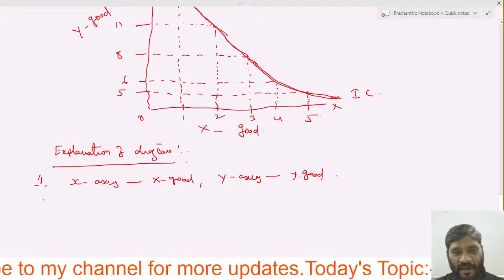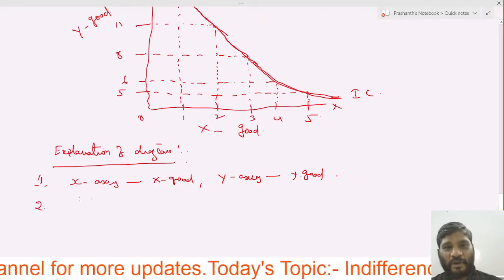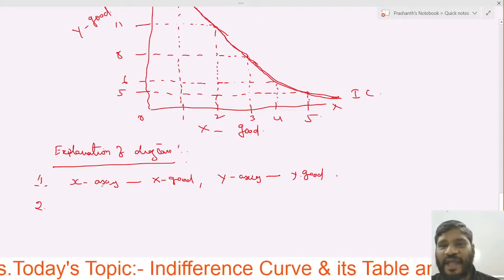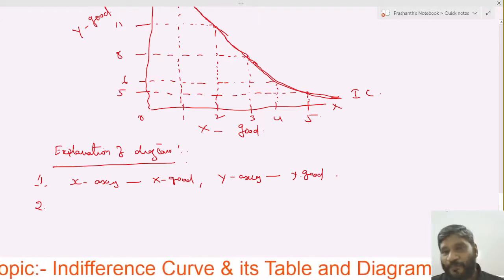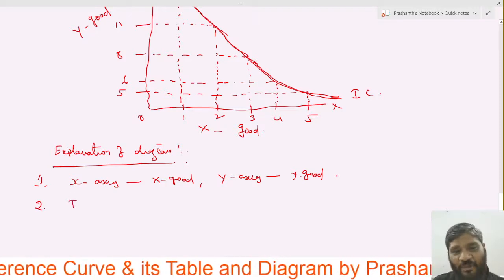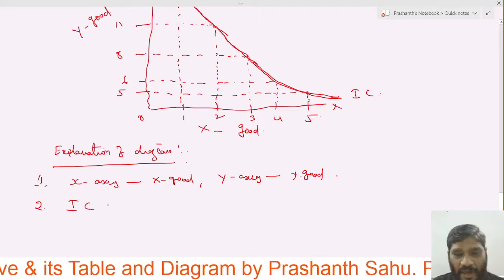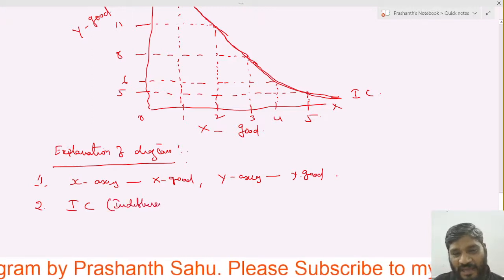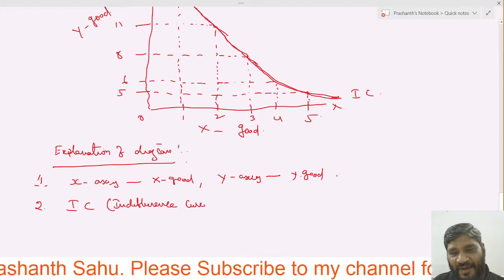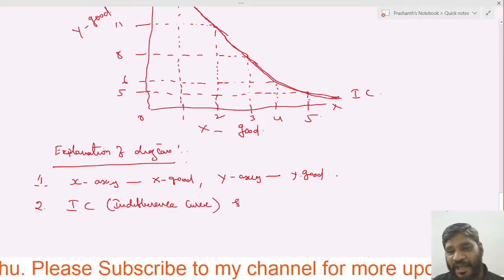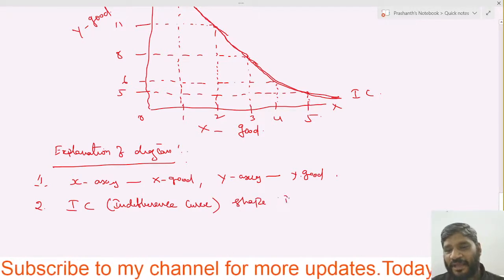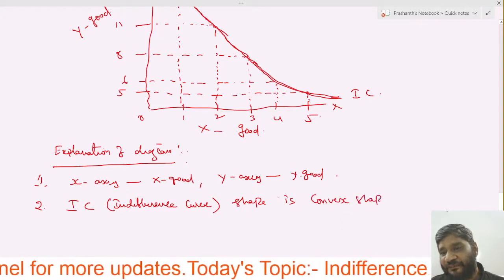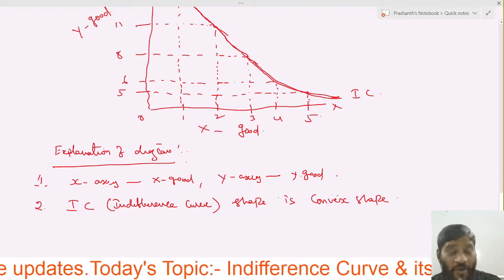Is it clear? And number 2, we have taken the points and according to that we have taken the diagram. But first of all, we have to remember that the indifference curve shape is convex shape.